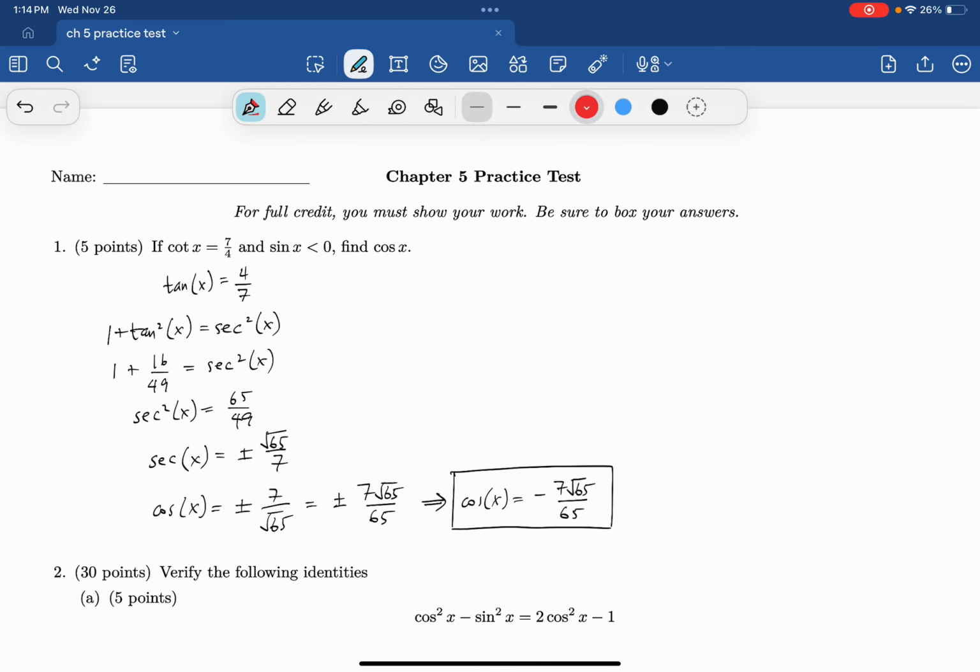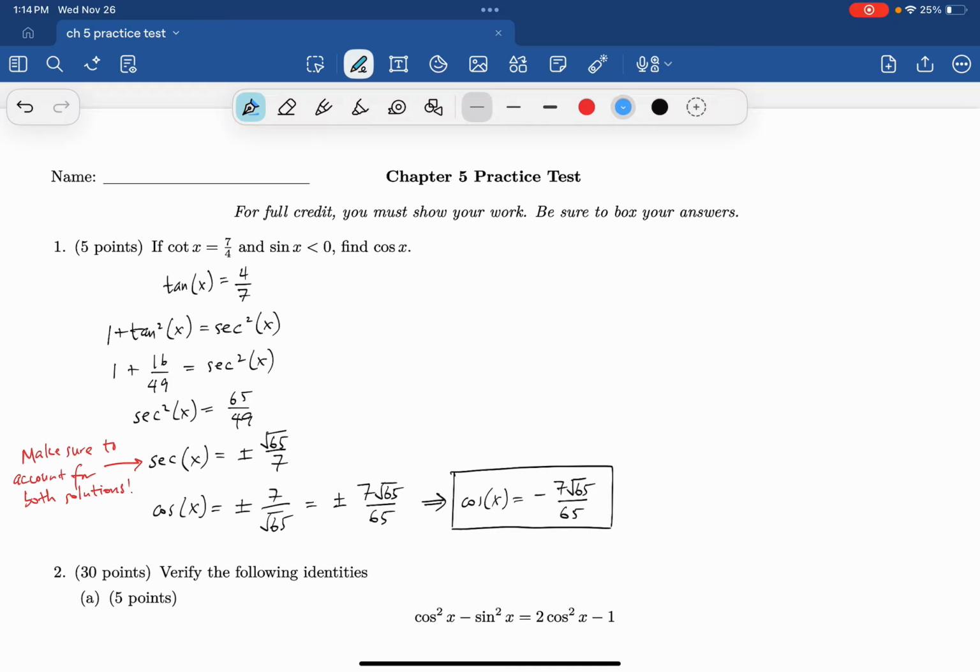Okay, and so when we take the square root, make sure that we're always doing a plus or minus. Make sure to account for both solutions.